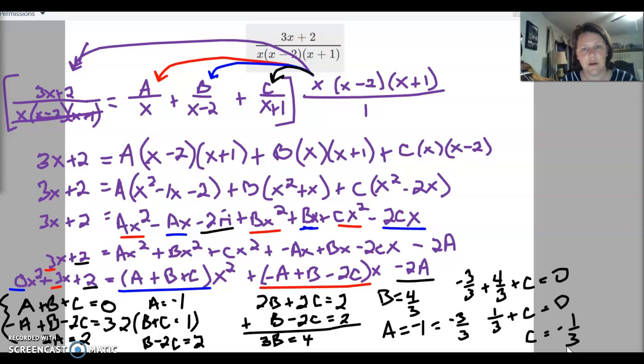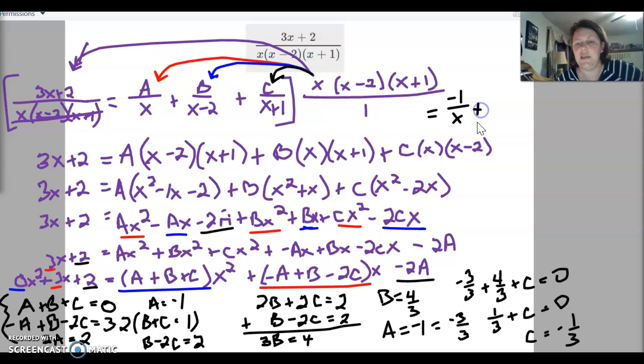In most of the problems, I think you have one homework problem that you'll actually have to write out what the whole decomposition is, the partial fractions. But most of them are just asking, what is a, what is b, and what is c? The answer that we would actually end up with when we want to integrate would be equal to a over x. So we found a to be equal to negative 1. So we'd have negative 1 over x.